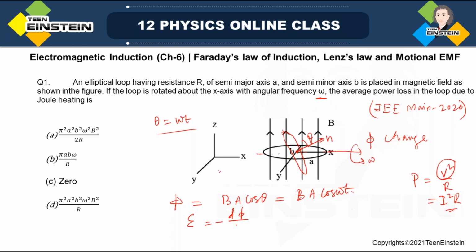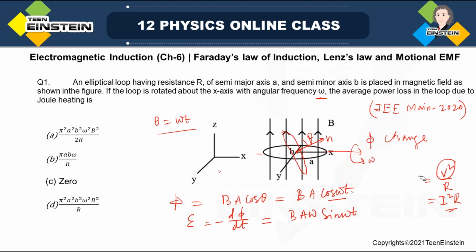Using Faraday's law with Lenz's sign convention. Faraday's law gives the EMF induced in the loop as minus d phi by dt. That means you will get BA omega sin omega t. So this is the induced EMF.